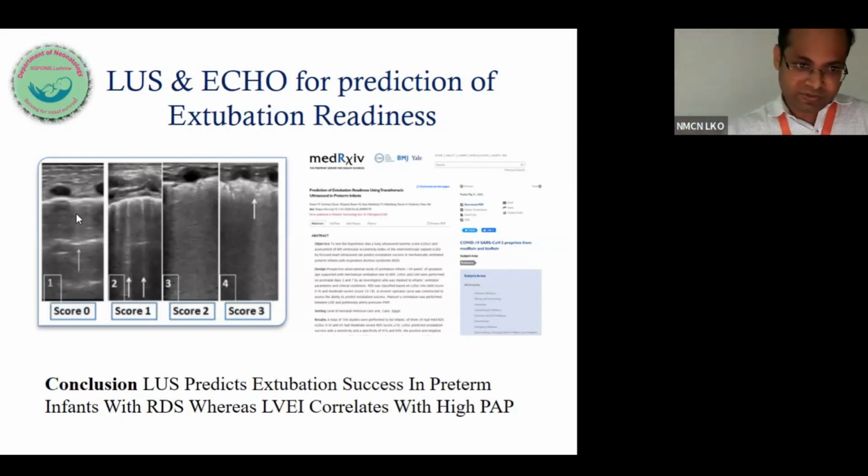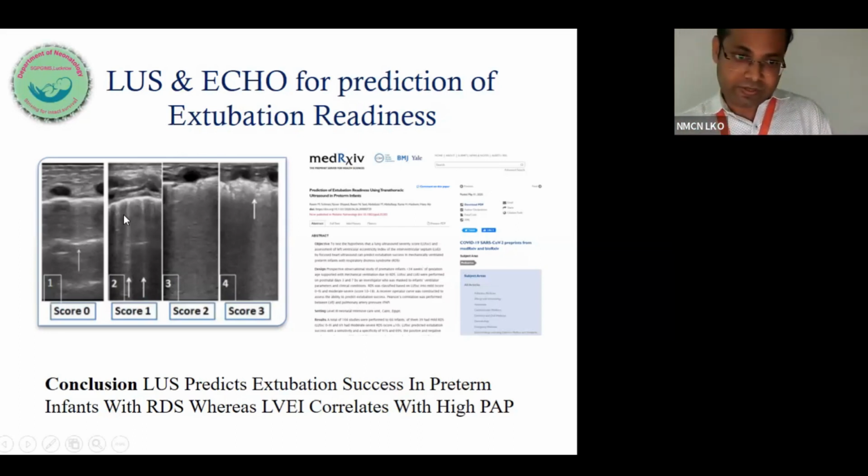So score 0, in which we can see the A lines, as ma'am had already told. Then score 1 was given for those zones with the B lines. Then score 2 was given for acute interstitial syndrome, which comprised confluent and compact B lines. Then score 3 was given for the underlying consolidation.